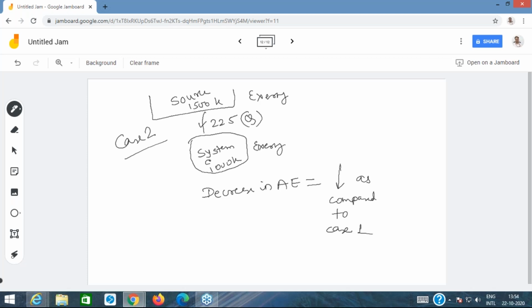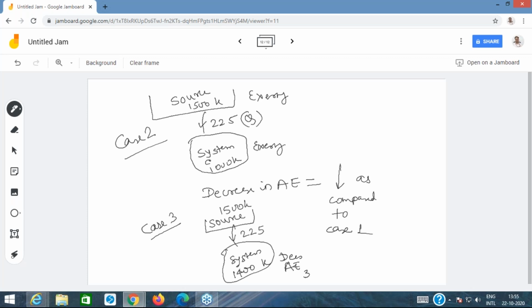If you do case 3, wherein again you take the same heat value, the source is at 1500 Kelvin, the system which is receiving the heat is at, let us say, 1400 Kelvin, and the heat transfer remains the same, you will find that the case 3 decrease in unavailable energy would be less than case 2 decrease, and this would be less than case 1 decrease.